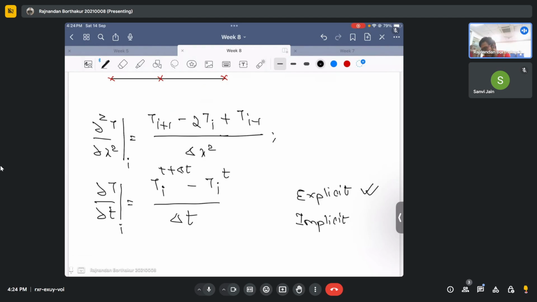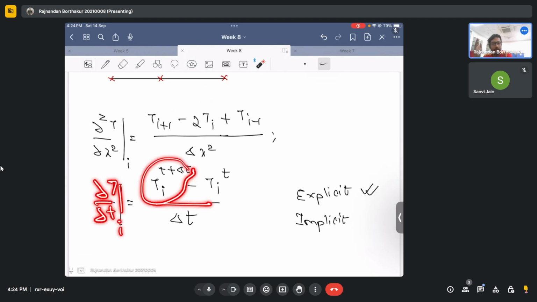What I say is that the derivative of the temperature at the ith grid point is equal to the temperature at the ith grid point when I march forward in time by a step delta t, minus the temperature at the ith grid point when I have time t, divided by the difference between the two time steps.